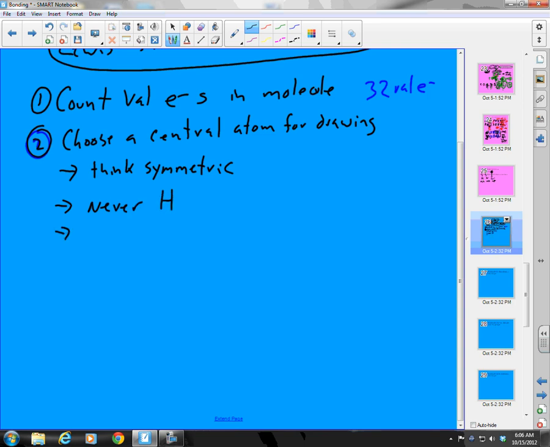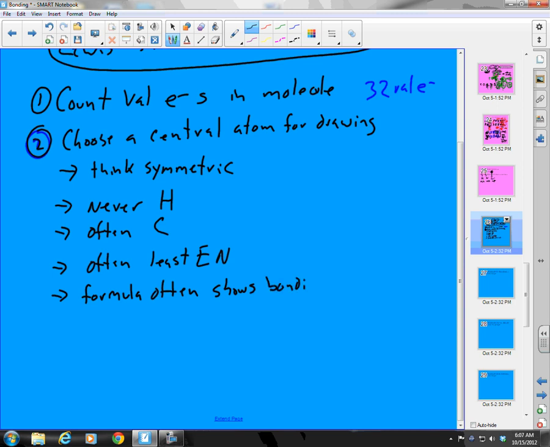Another hint: many times, often, it's carbon. And here's another hint: quite often it is the atom with the least electronegativity, meaning farthest from fluorine. And finally, often the formula shows the order of bonding.